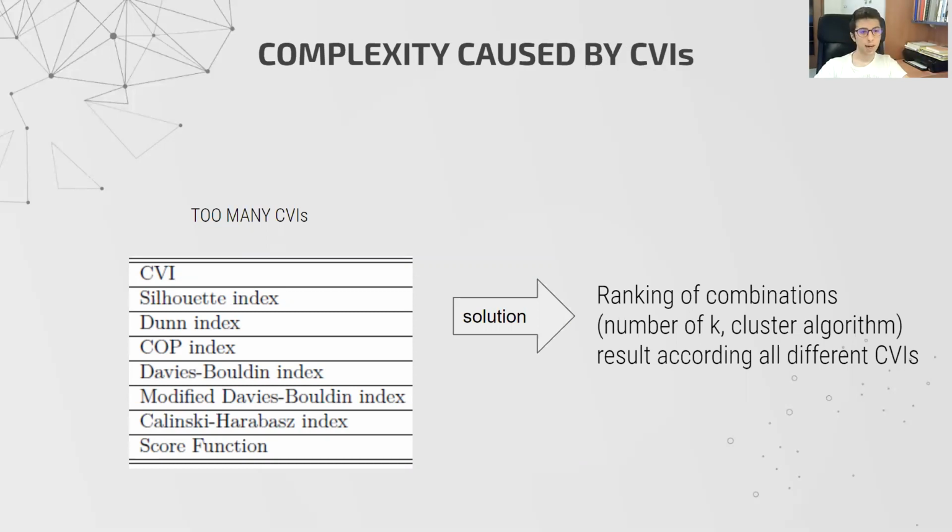Here there is only a synthetic view of the different indices that I can evaluate. But if I have this enormous number of CVIs to make a comparison among all the different variables in order to find the right division, the best performances, how can I merge all this information?